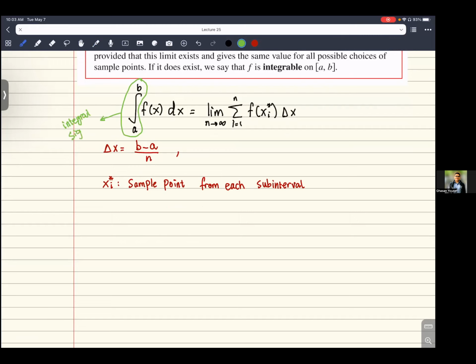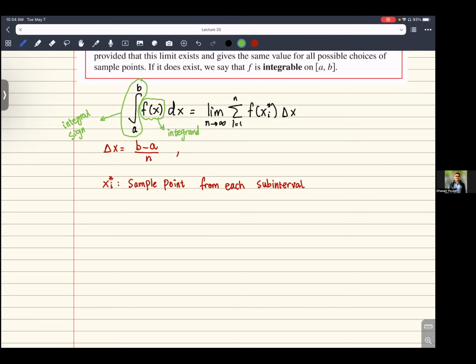I know this is the first time you see this symbol. Second, f of x here I'm going to define as something called the integrand. This is just some notation, okay?